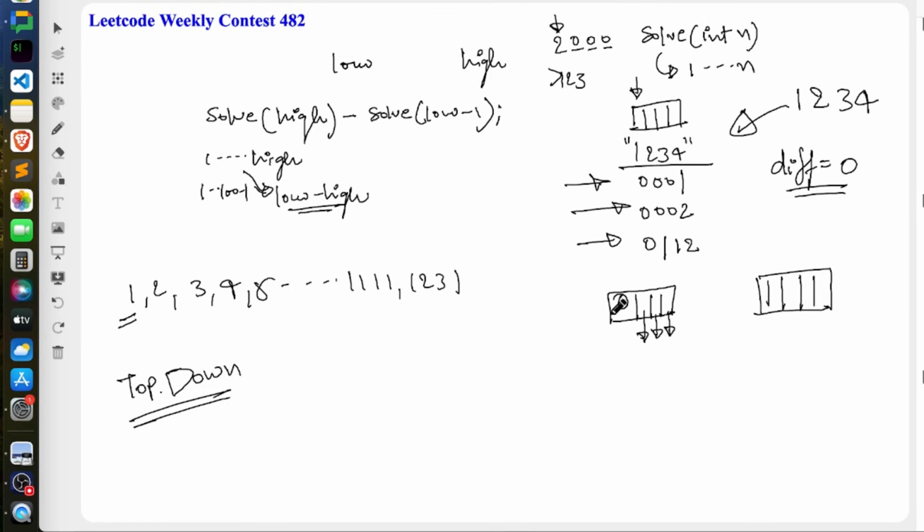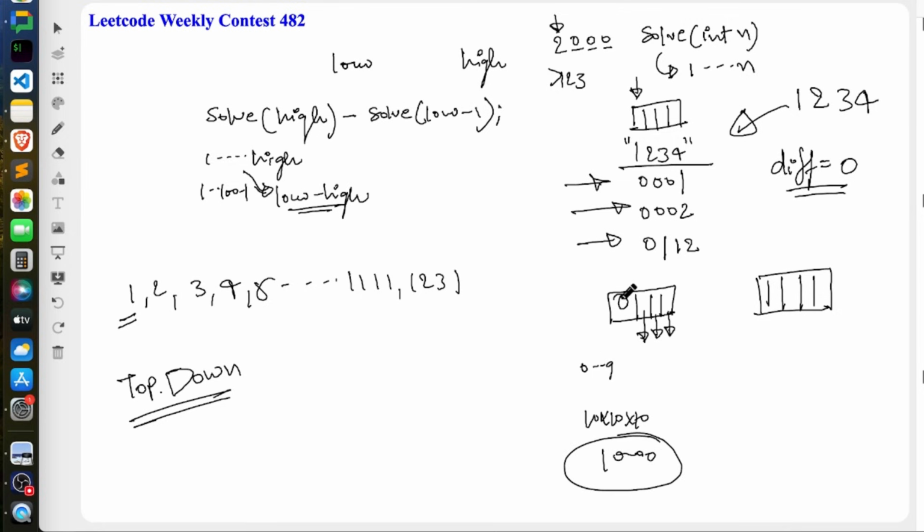If you have 0 at the first place, then your number can only be up to a 3 digit number, and all 3 digit numbers will always be less than 1234. So we can keep any number from 0 to 9 at any of the places. How many numbers are there? 10 into 10 into 10, total 1000 possibilities.